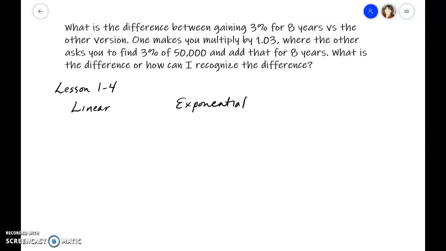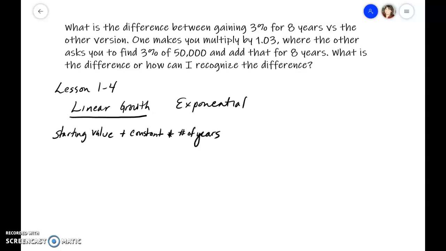With linear growth, the value after a certain time is calculated using the starting value plus a constant change times a certain number of years. So that's our description of what linear growth would look like.